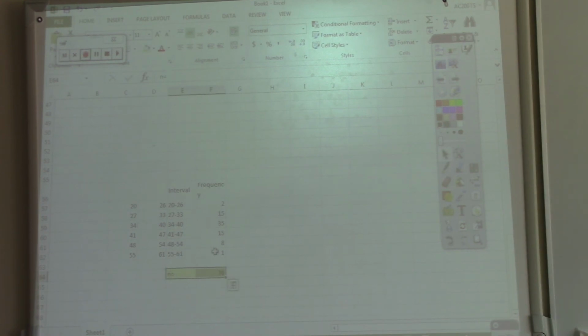So N is needed. Y is needed. What else do we need? You need X, which is the midpoint. Midpoint, good.